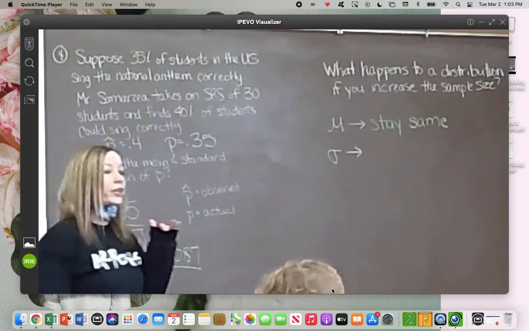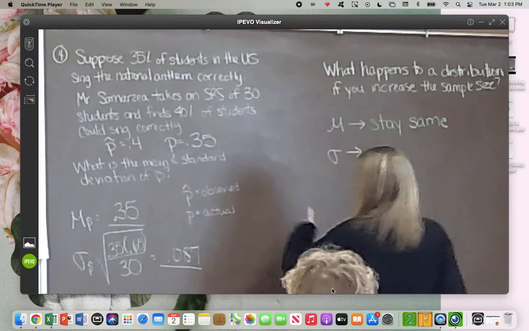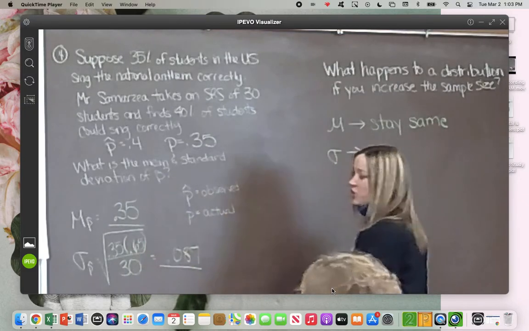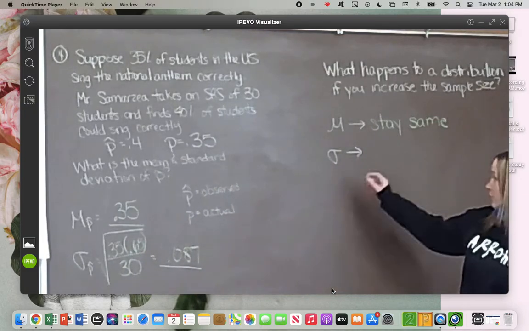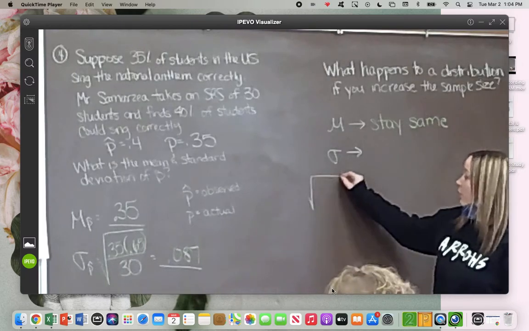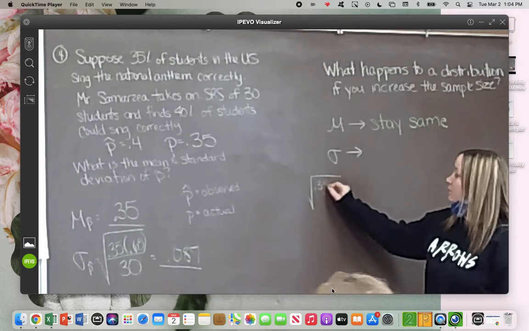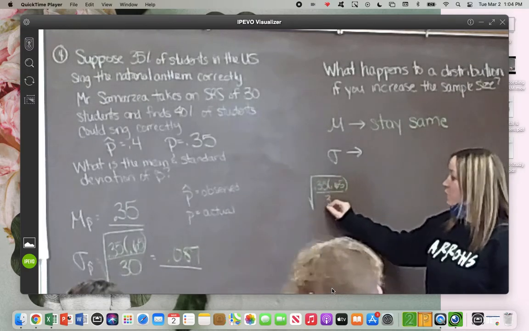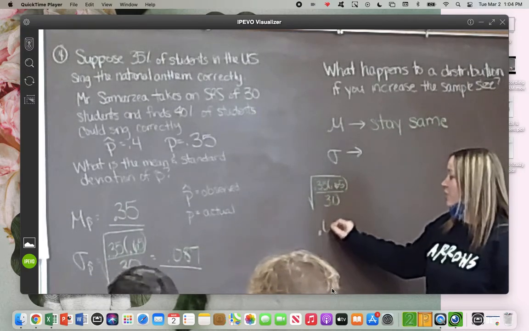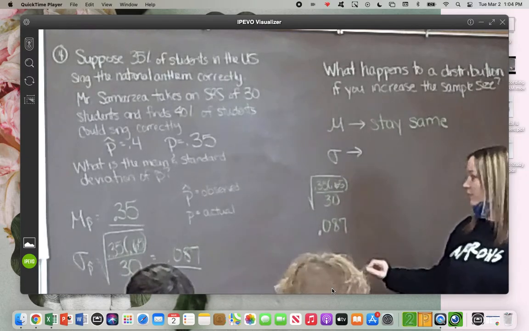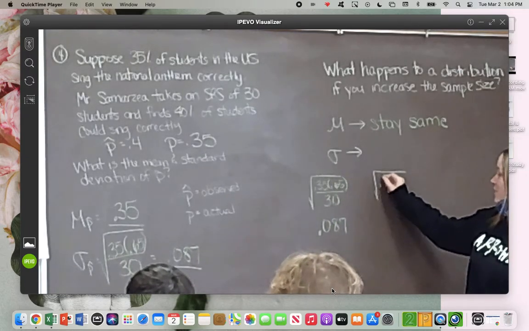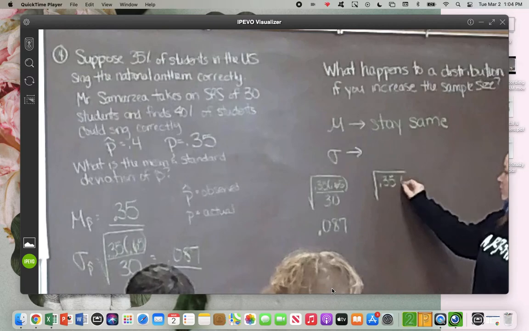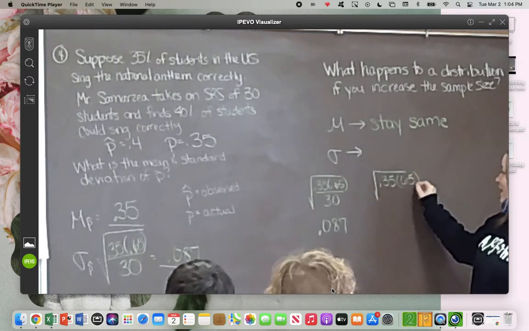Here's a really quick way that you can do this. Let's just use that last example. When the sample size was 30, we got a standard deviation of 0.087. What if we change that sample size to 300? Plug that in.